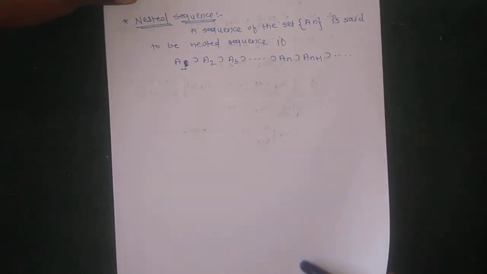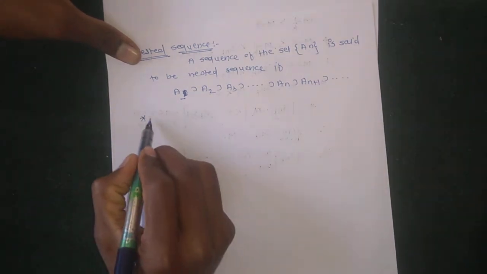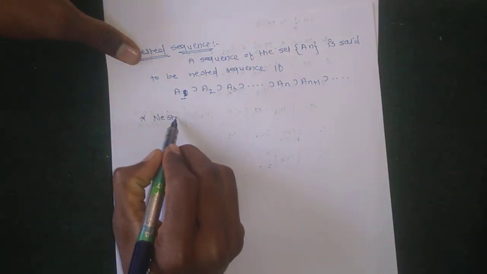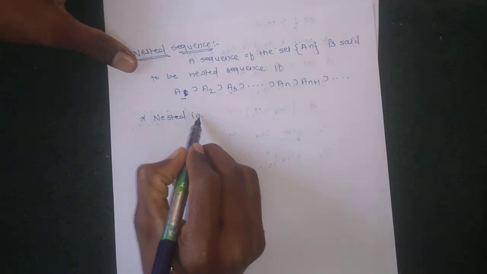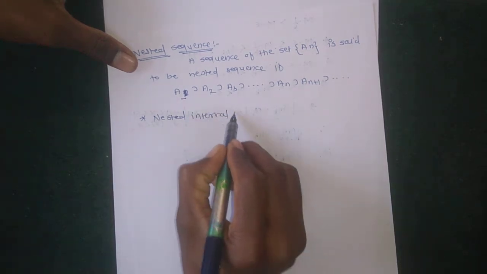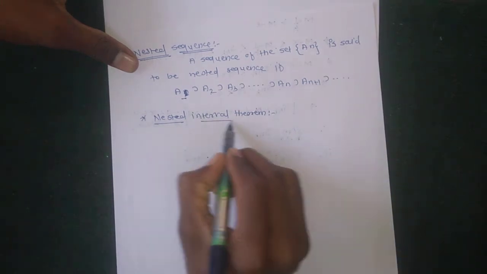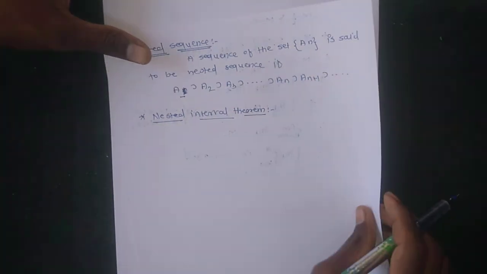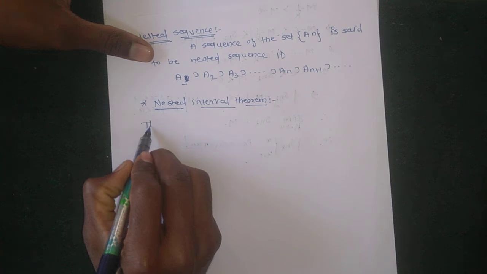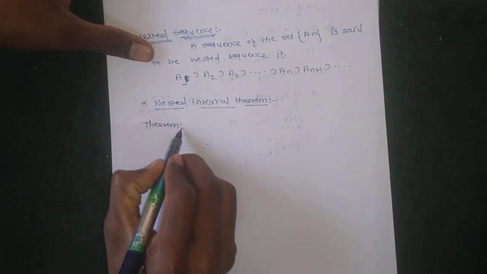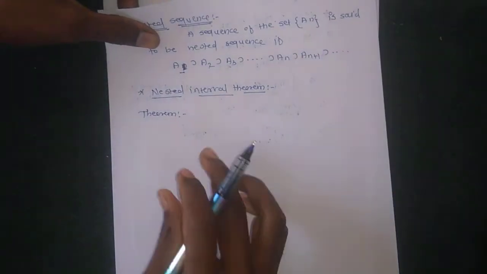So the theorem on this is the nested interval theorem. The nested interval theorem statement is, this is a very simple theorem.